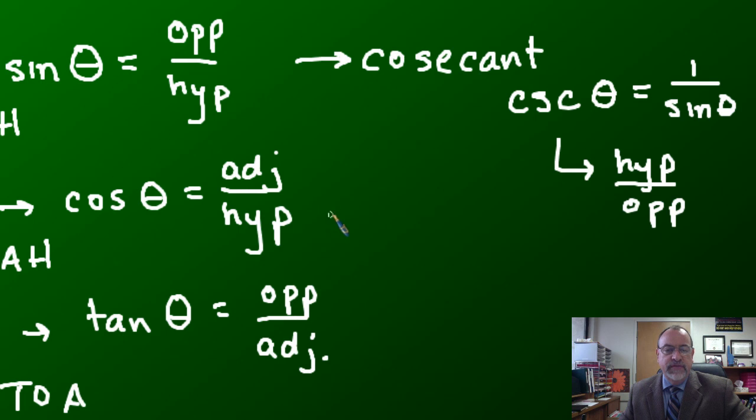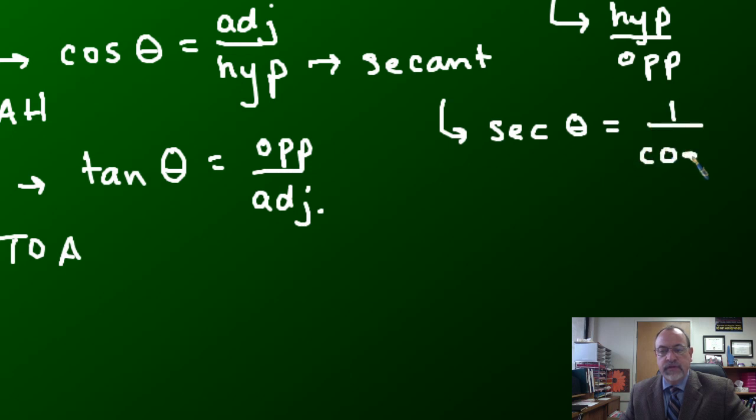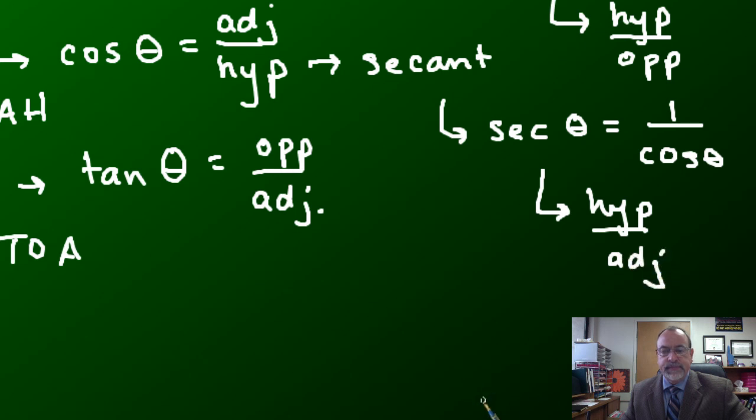The cosine function has a reciprocal, and that's called the secant function. And that's abbreviated SEC, and again the secant is the reciprocal of the cosine. So 1 over cosine theta gives me the reciprocal of that ratio, so it's going to be hypotenuse over adjacent.